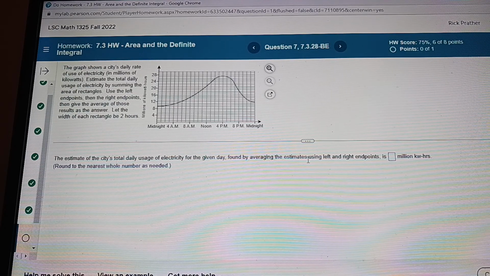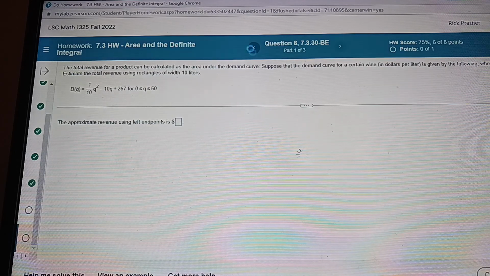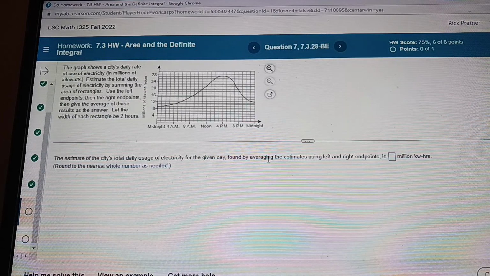Okay, so lastly, we have two application problems where they want to do the left and right endpoint rectangle method of estimating the answer, because we don't know how to find the antiderivative of this curvy thing. And then I think they have you average them too. It says, let the width of each rectangle be 2 hours.